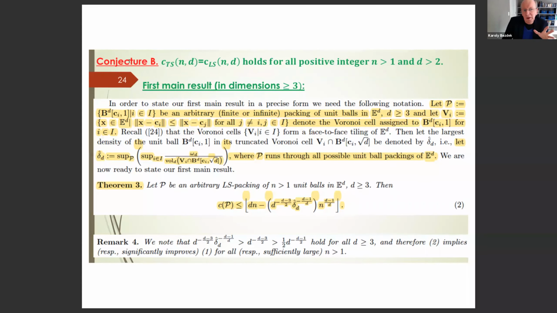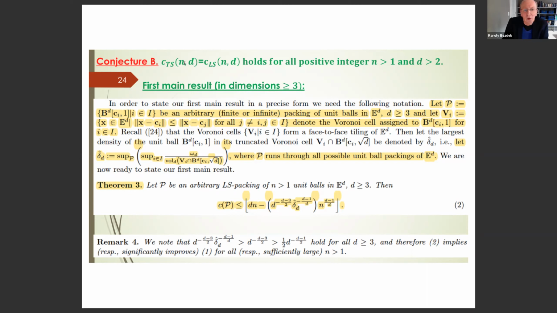Both are motivated by this conjecture. I believe that even though we relax the property of being totally separable, these 2 families, the family of totally separable packings and the family of locally separable packings, must behave the same way with respect to the contact number problem.